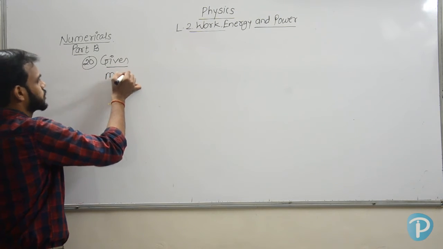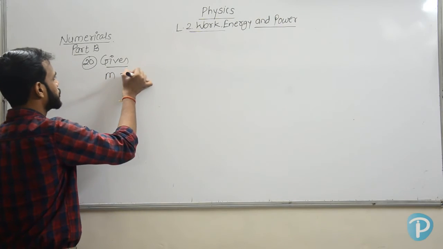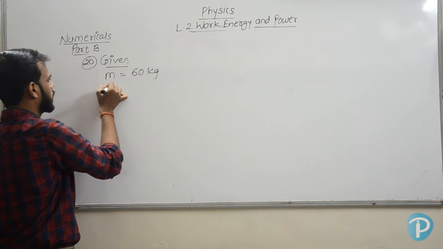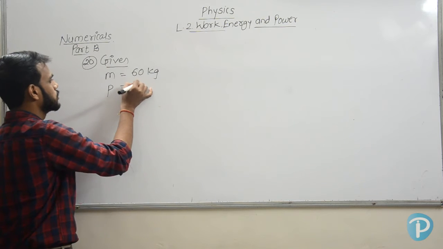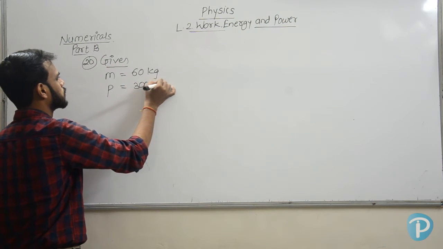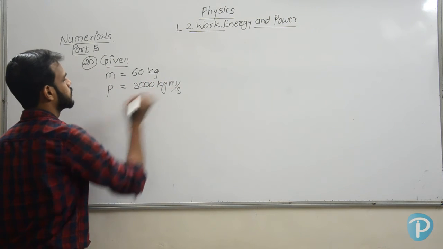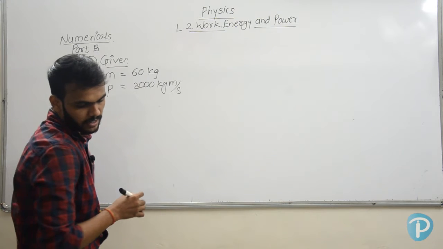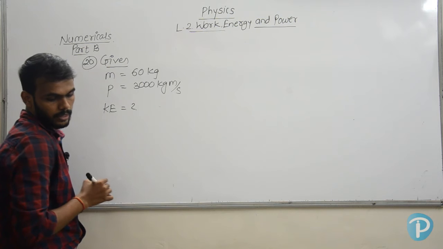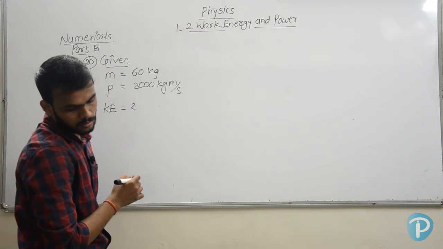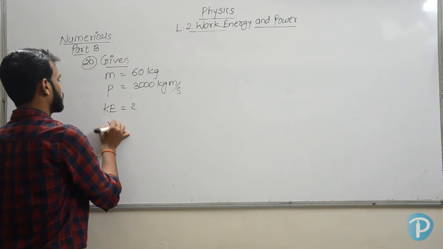Mass of the body is given, that is 60 kg, and momentum P is 3000 kg meter per second, and we have to calculate its kinetic energy and the speed of the body.